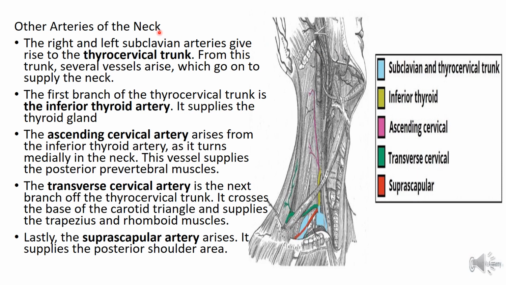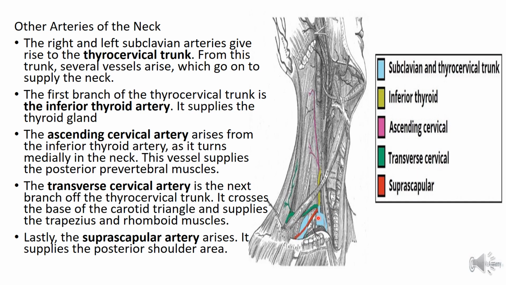In addition to the vertebral and carotid arteries, there are other arteries in the neck. They are the thyrocervical trunk, inferior thyroid artery, ascending cervical artery, transverse cervical artery and suprascapular artery. Let us see about each one in brief. First, the thyrocervical trunk.